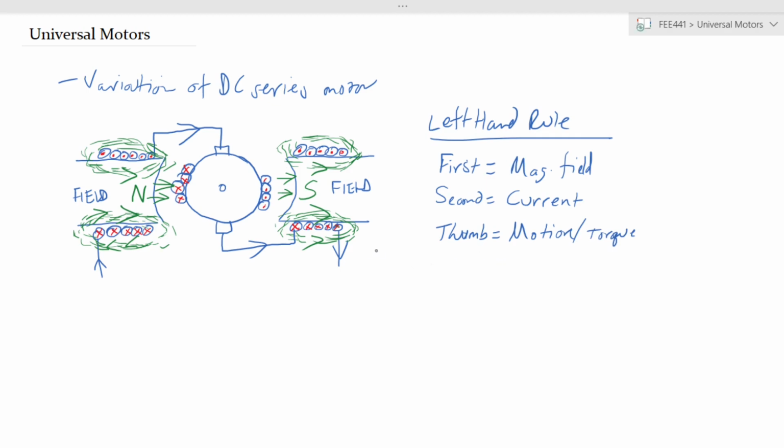So by looking at it from that point of view, you will end up having on the left hand side, because the current is going into the screen, we point our second finger into the screen, and the magnetic field is moving towards the left. So your first finger is pointing towards the left. Your thumb will be pointing in a downward direction.